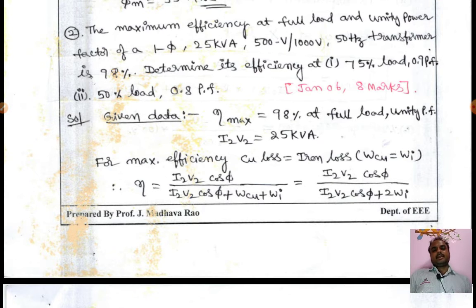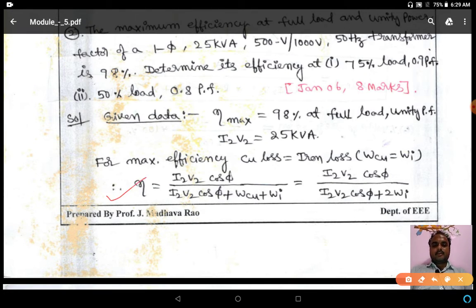First you write the given data. Efficiency at maximum is equal to 98%. I2 V2 value is equal to 250 kVA. So maximum efficiency you will get when copper losses is equal to iron losses. Efficiency formula: eta is equal to I2 V2 cos phi by I2 V2 cos phi plus Wcu plus Wi, when maximum efficiency condition, right?